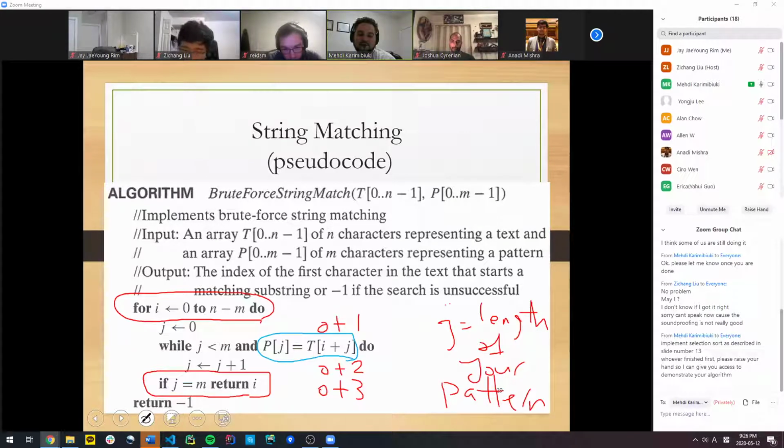And you have arrived at the end of your pattern, because this condition will not be met after you get to the end of the pattern, then j will be equal to m, obviously, you get out of the while loop, and then you return i, at which point that i is the index of the location where you found the first matching sequence.